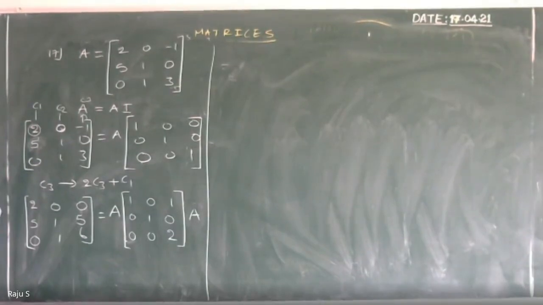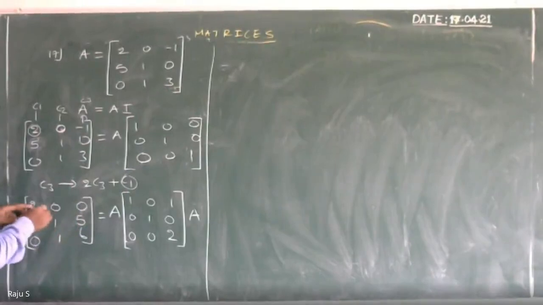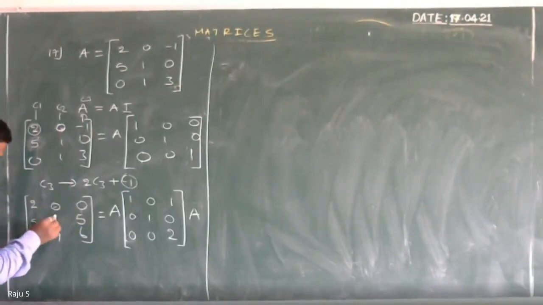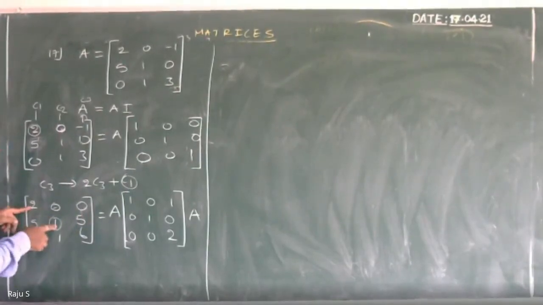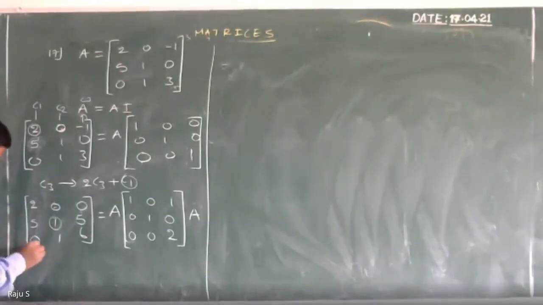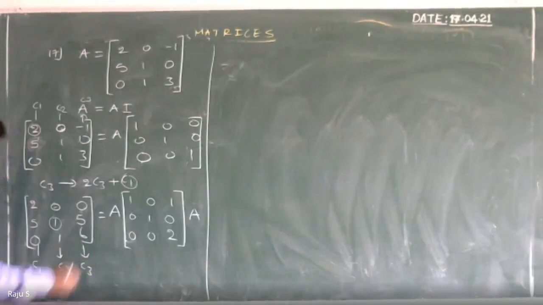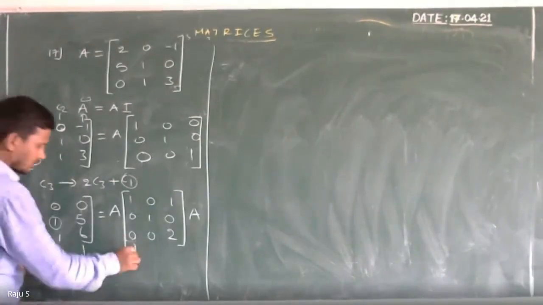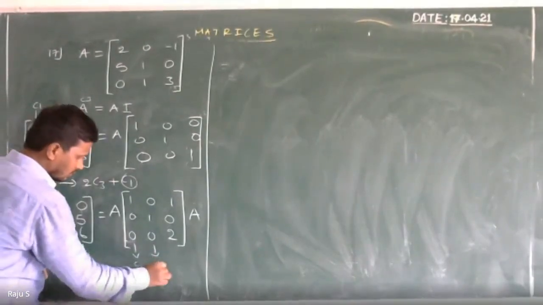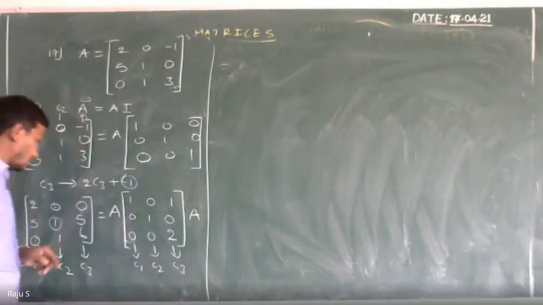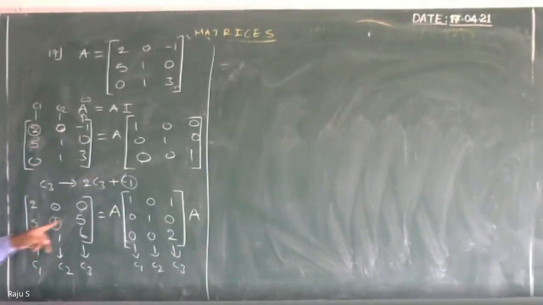Then I used this C1, I make the corresponding elements 0. Next, to use the other diagonal elements, which belongs to C2. This is C1, C2, C3. Here also C1, C2, C3.